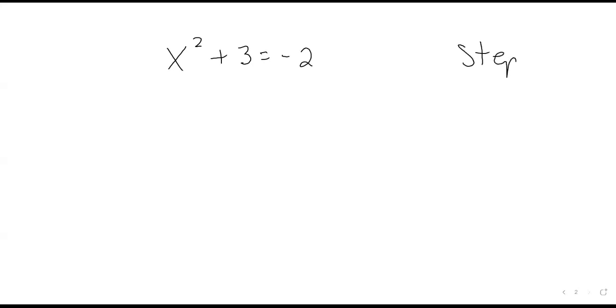So again, we're just going to go through our steps. What was step 1 again? Isolate x squared. So what do I have to do? Take the 3 out and divide.